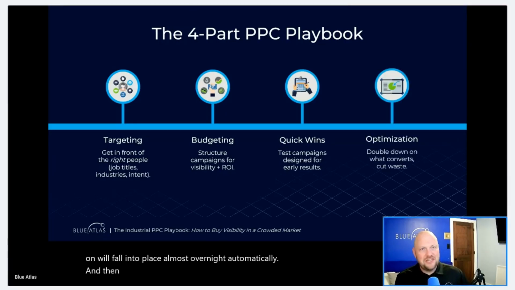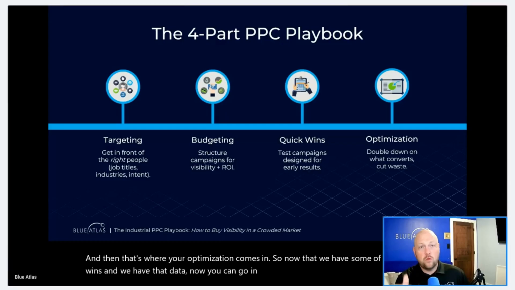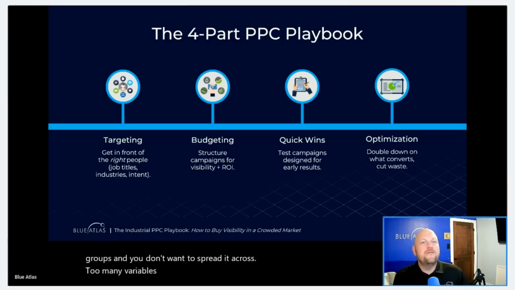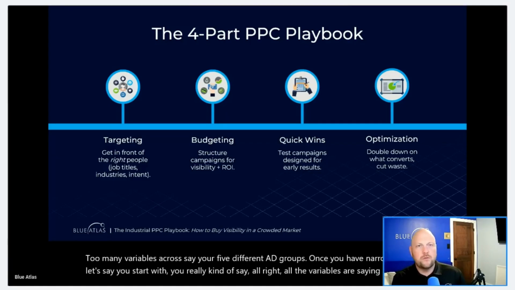And then that's where your optimization comes in. So now that we have some of those quick wins and we have that data, now you can go in and optimize what's working and then continue to do testing. When I talked about earlier, when you start to set up those targeting groups and you don't want to spread it across too many variables, say, your 5 different ad groups, once you have narrowed down, you really kind of say, all right, all the variables are the same, but our job roles are what we're testing.